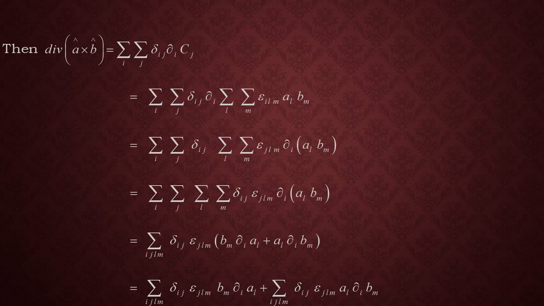So the representation takes the form divergence of A cap cross B cap equals summation sigma over ijlm delta ij epsilon suffix jlm Bm dou i Al plus sigma over ijlm epsilon jlm delta ij Al dou i Bm.